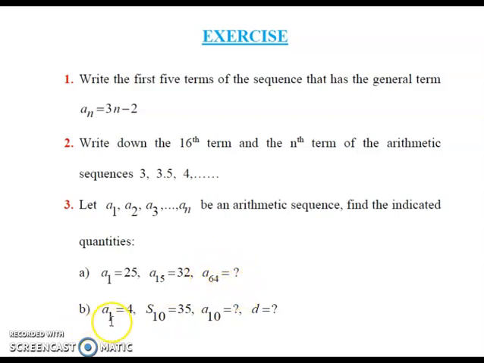Problem B, a1 is equal to 4, S10 is equal to 35. That means the sum of the first 10 terms of the arithmetic sequence, S10, is 35. Find a10, the 10th term of the arithmetic sequence, and the common difference.